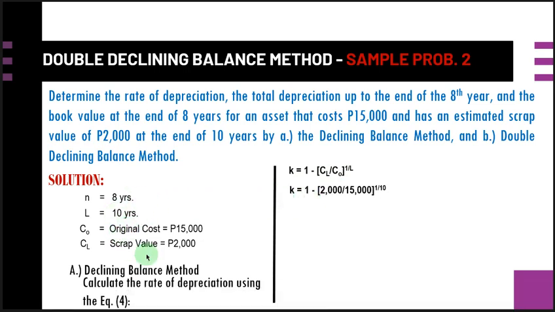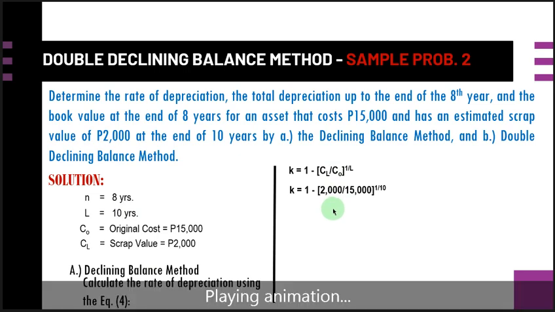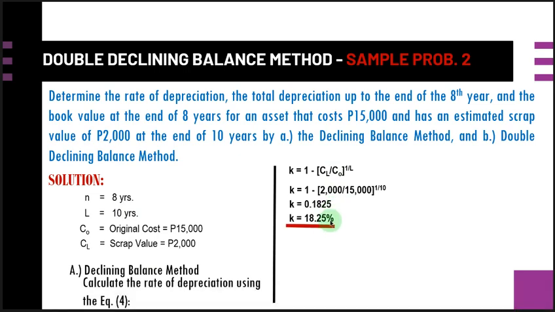Substituting these values, we get the value of our K, which is equal to 18.25% or 0.1825 in decimal. So we are done with this rate of depreciation.